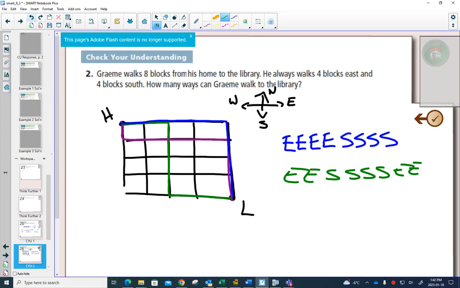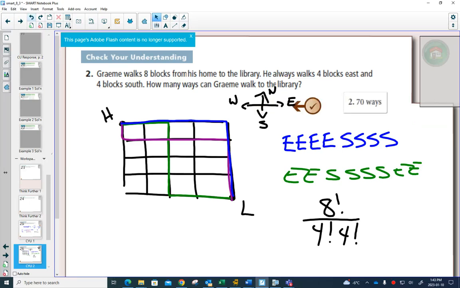This is an identical objects question. The number of ways I could rearrange 4 E's and 4 S's would be 8 factorial over 4 factorial 4 factorial. You could go to your calculator and type that in. What do we got here? 70 in total.